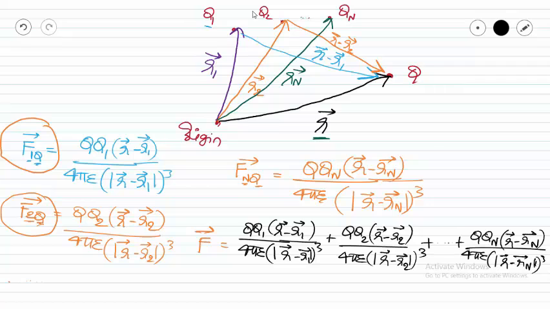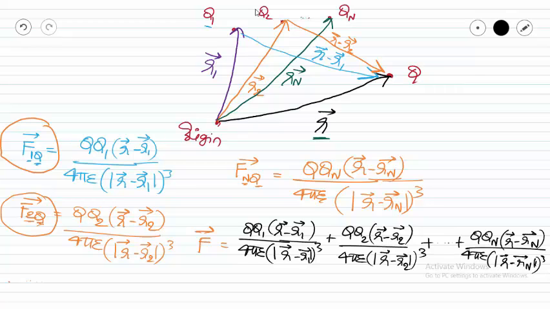We can put this final expression as a summation. As you can see, in all these terms one thing is common, Q by 4 pi epsilon, and the index varies from 1, 2 up to capital N, because we considered n number of point charges.